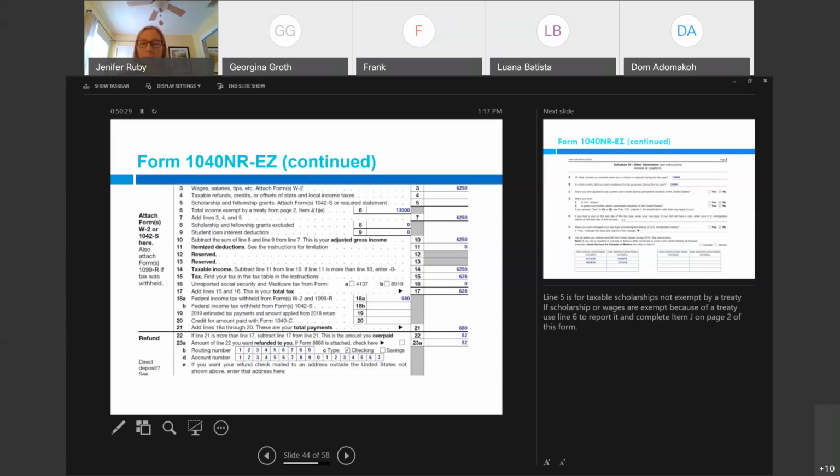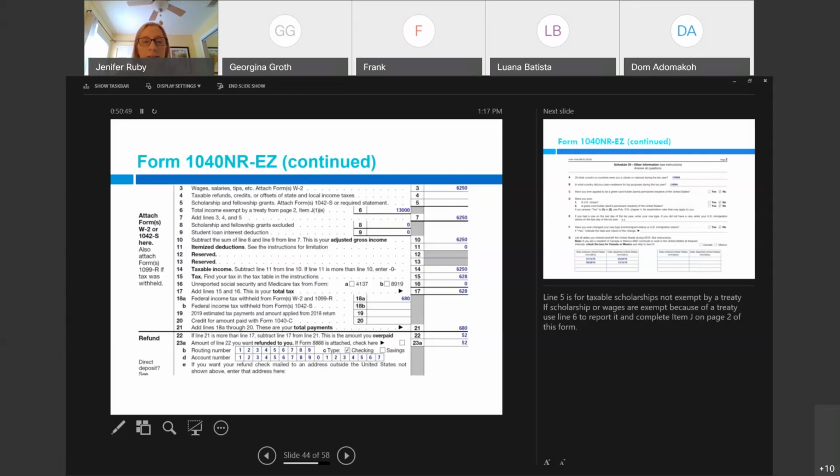So we do have a page, and I'll show you that as we advance slides, where the tax table illustrates certain brackets of income, and for each of those brackets, what the actual tax is for that amount of income.